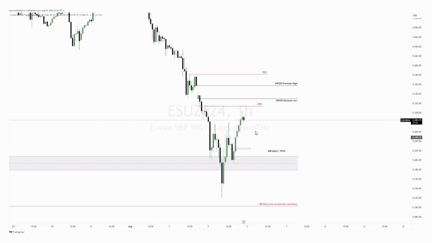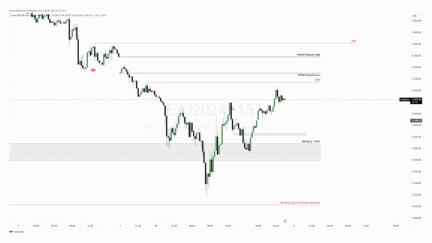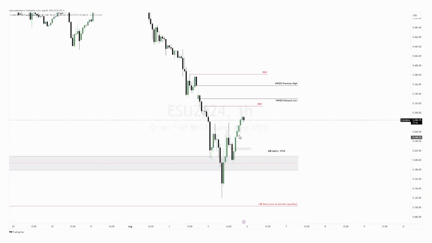So this is the hourly chart. We're moving on to the 15. Right, so we see a little bit more clearly. This is kind of like a market maker buy model coming up here. This is the original consolidation in my eyes. I'm eyeing these relative equal highs here. New week opening gap. There was a little inversion fair value gap here that I saw, that was pretty nice, that we reacted to, pushed right through into buy side liquidity.